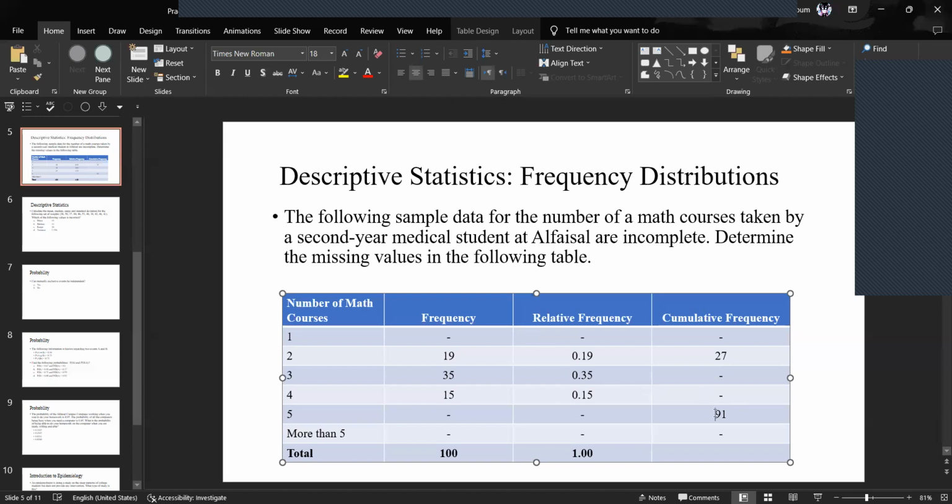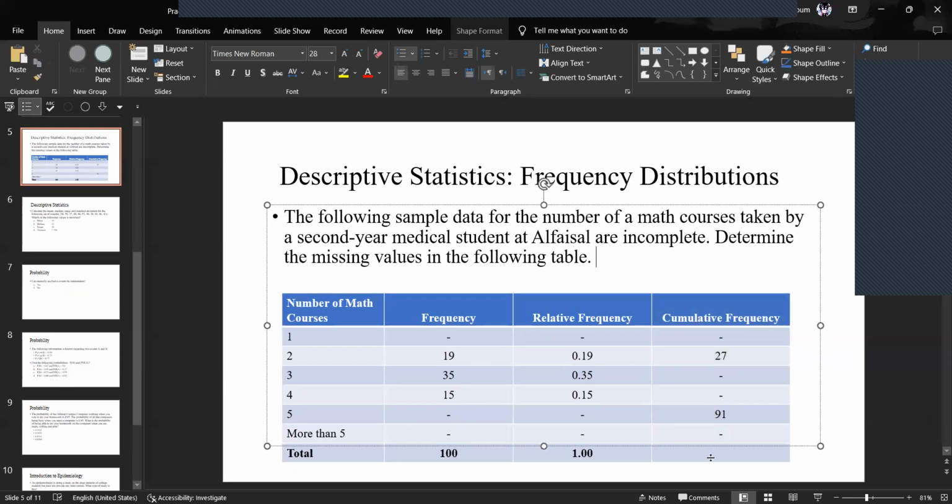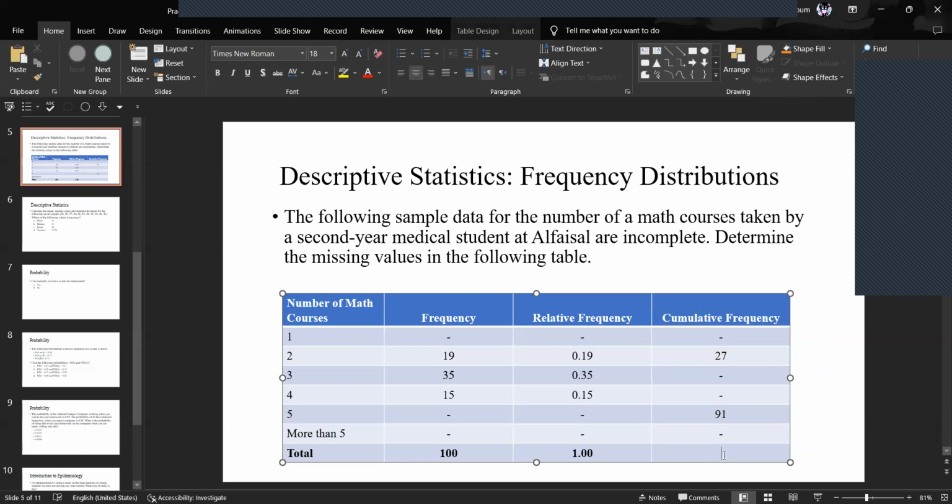And then to find the rest of the numbers, we need to work with the cumulative frequency. The cumulative frequency basically starts at 0, and the idea is that by the end, we add up the people until they reach 100. So in total it has to reach 100.